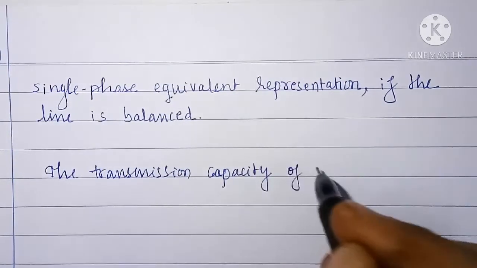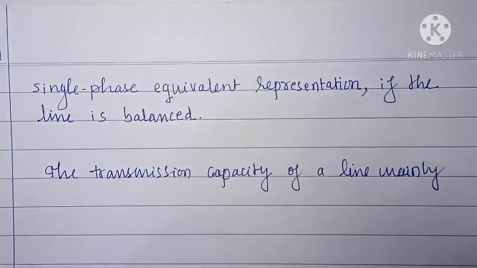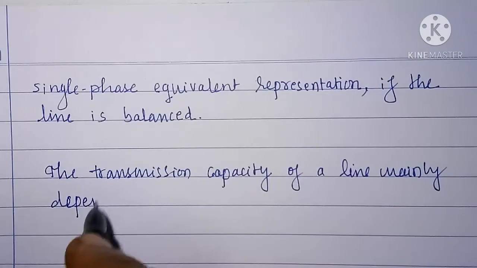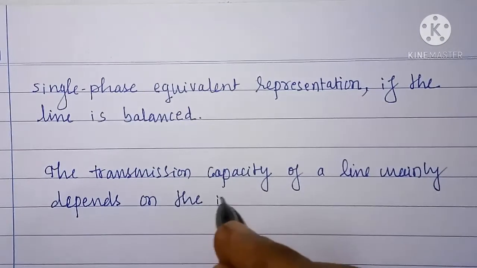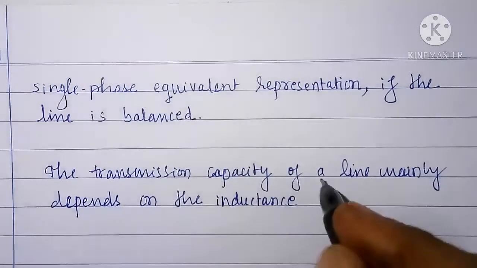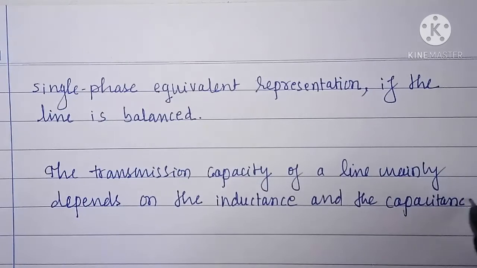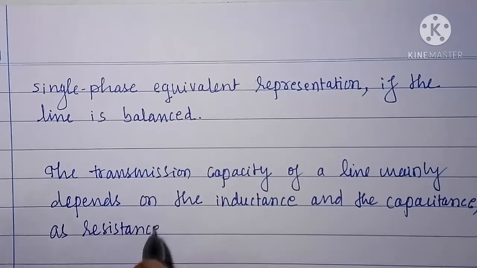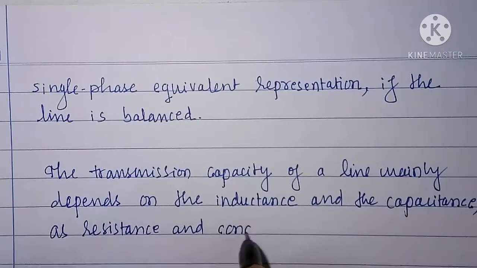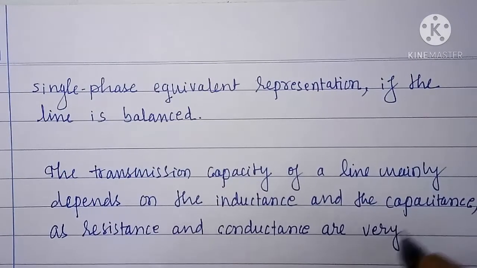The transmission capacity of a line mainly depends on the inductance and the capacitance, as resistance and conductance are very small.